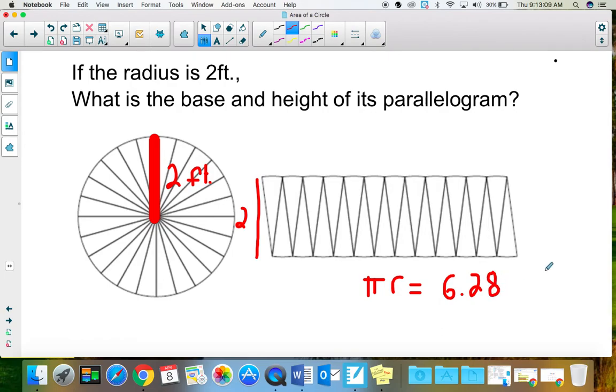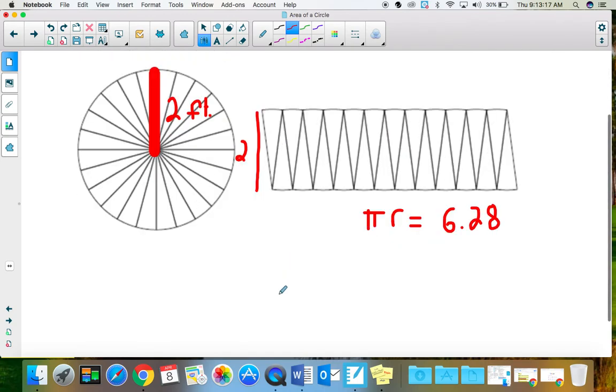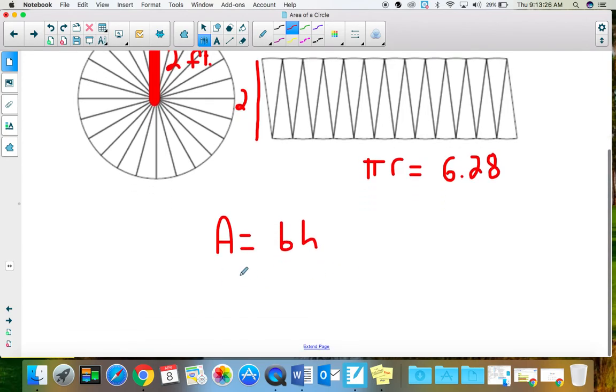There we go. So check it out. Now we have a base of 6.28 feet. We have a height of 2 feet. So area of a parallelogram equals base times height. So we're going to go equals 6.28, that's our feet, times our height, which is 2.